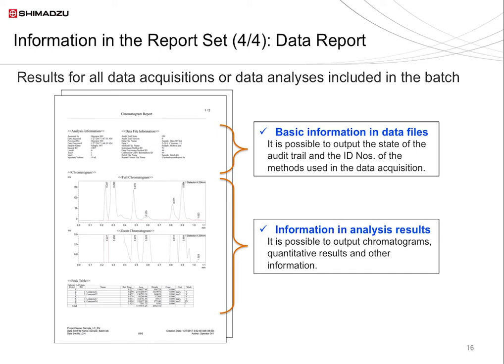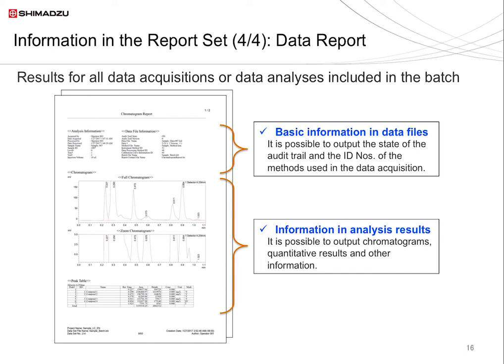Of course, information such as the analysis method used to obtain data and what method number was used can also be output in this report. The report is designed to allow unique identification of which method was used based on the method number.